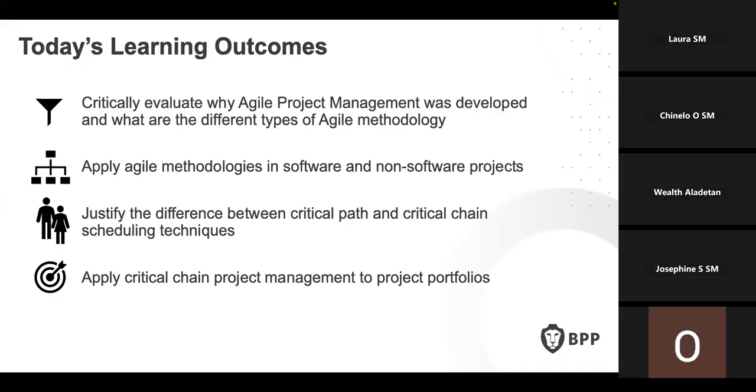And then you should be able to justify the difference between critical path and critical chain at the end of our discussion today, because we're talking about scheduling now. And also, with further sessions, you will be able to apply critical chain project management to project portfolios.